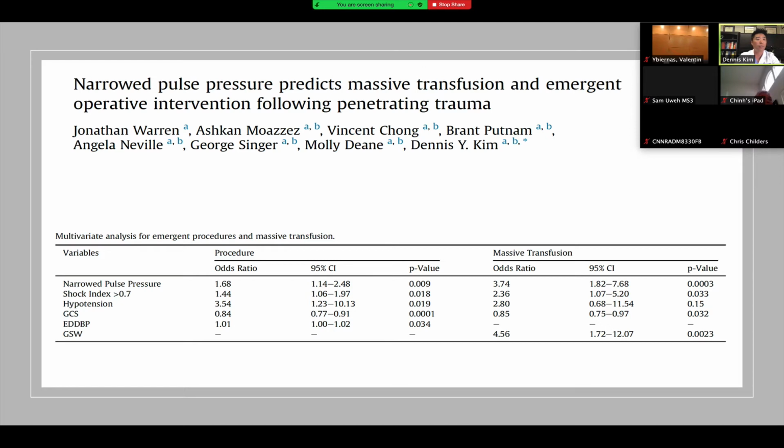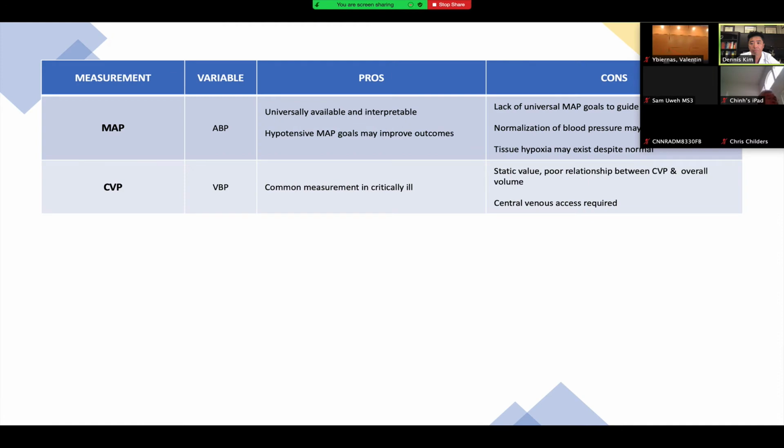And the shock index is really just your heart rate divided by your blood pressure. So you can imagine someone who's exsanguinating, their blood pressure is going to be low, so their shock index will be high, or their heart rate will be up, also increasing their shock index. So there's various thresholds. We use a very generous threshold of 0.7. Most studies would include a shock index greater than 1 as being predictive of the need for intervention.